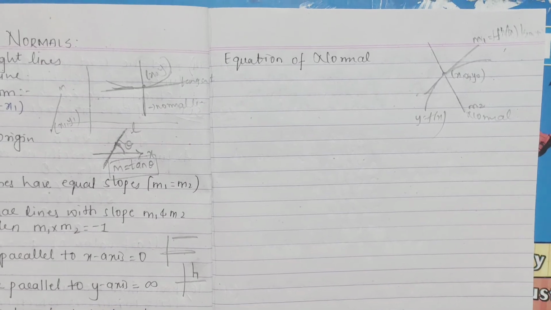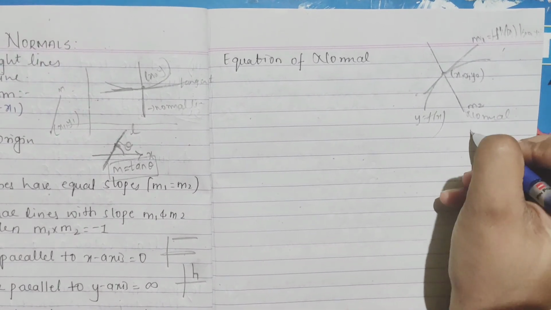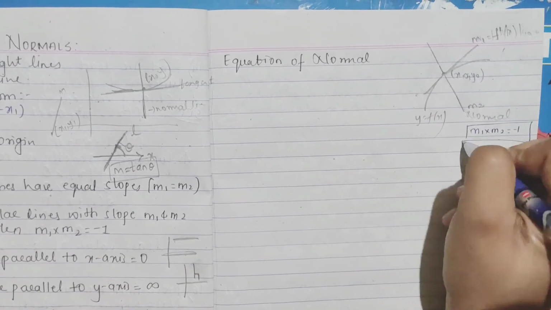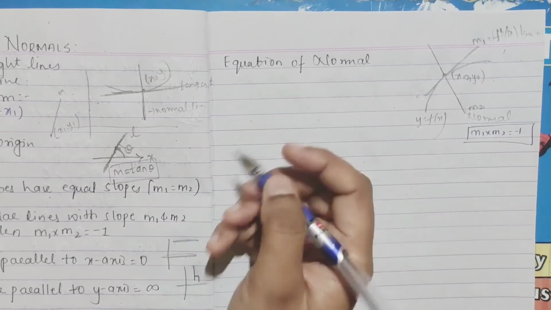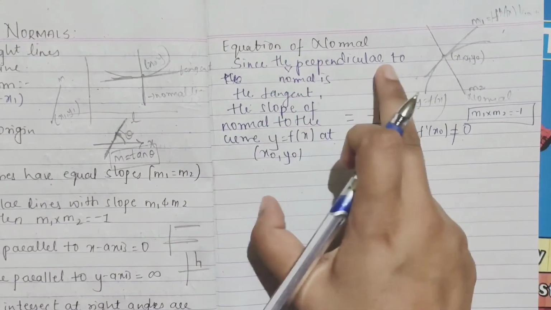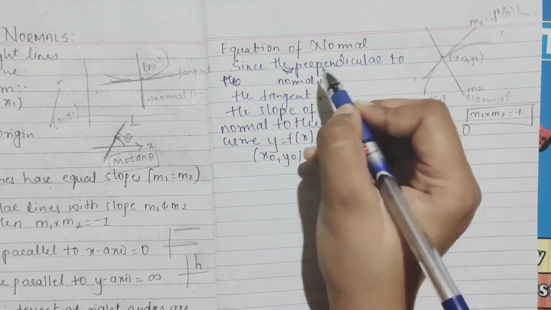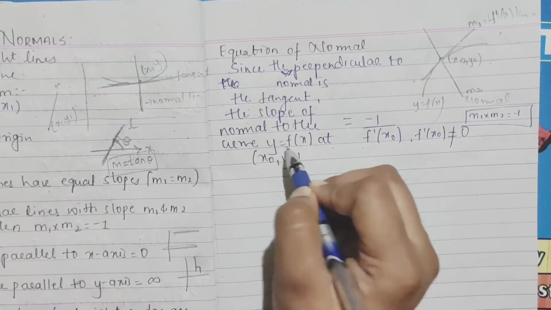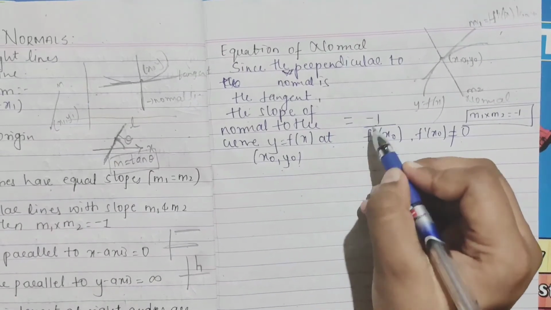We already have the condition for perpendicular lines: m1 into m2 is equal to minus 1. Since the normal is perpendicular to the tangent, the slope of the normal to the curve y is equal to f of x at (x naught, y naught) is minus 1 by f dash of x naught.